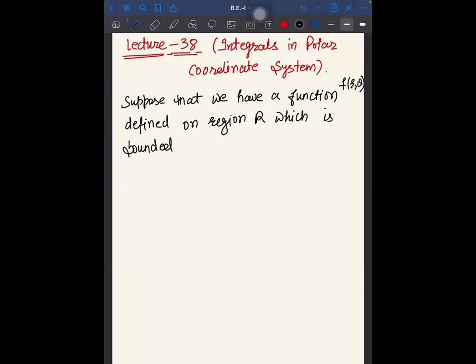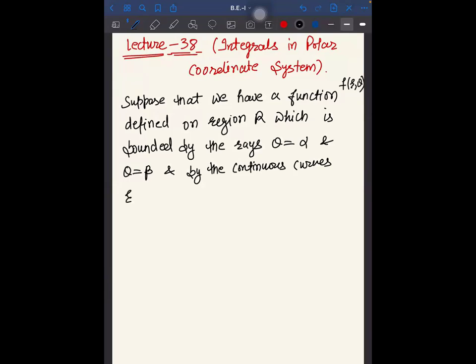which is bounded by the rays theta equal to alpha and theta equal to beta, and by the continuous curves r equal to g1(theta) and r equal to g2(theta).